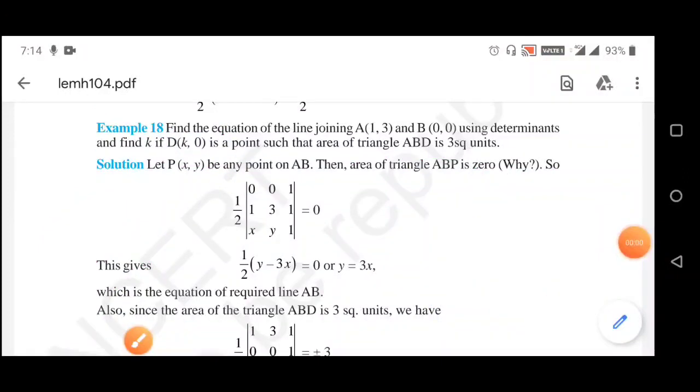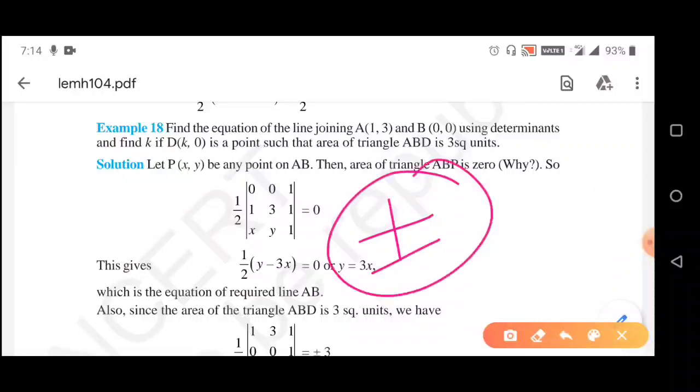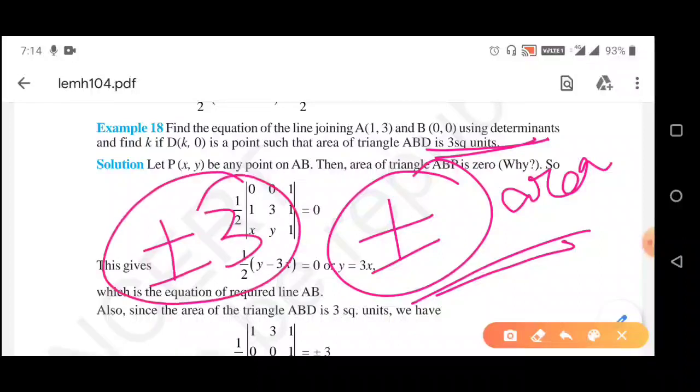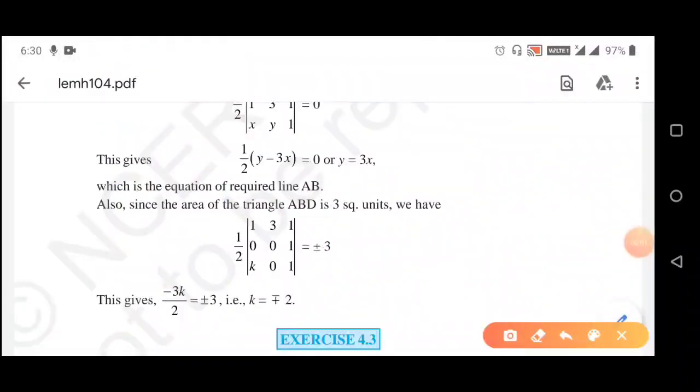Now in the remark it was given that whenever area of the triangle is given, we have to use the positive and negative value of the area for our calculation. So here it is given 3 square unit. So in our calculation we will use plus minus 3. So we have used the formula for area of a triangle.